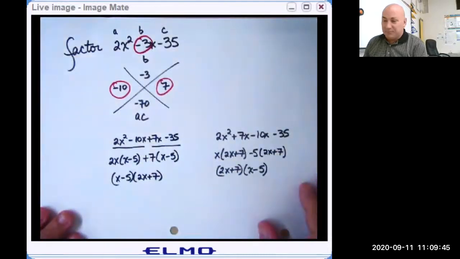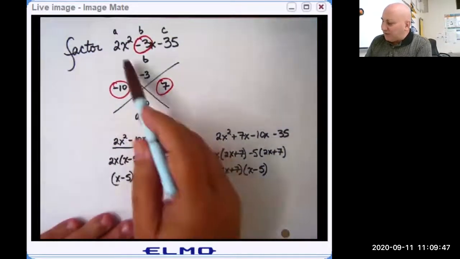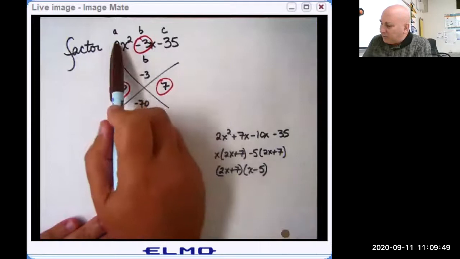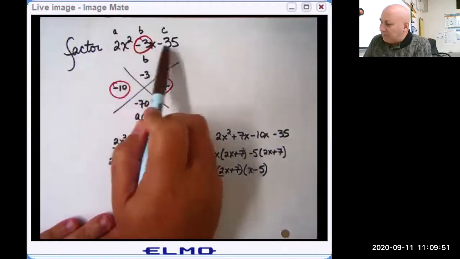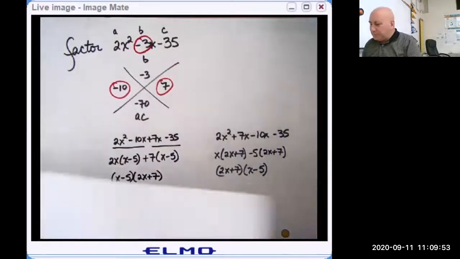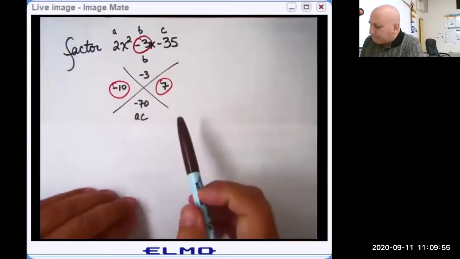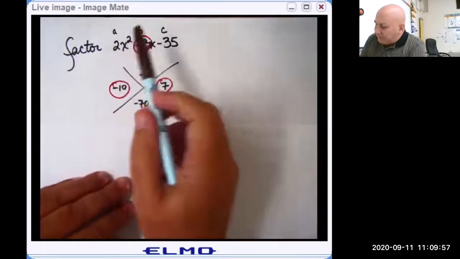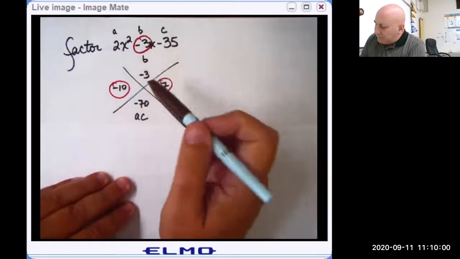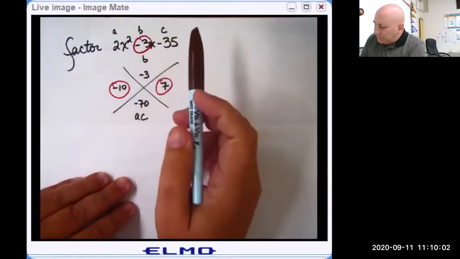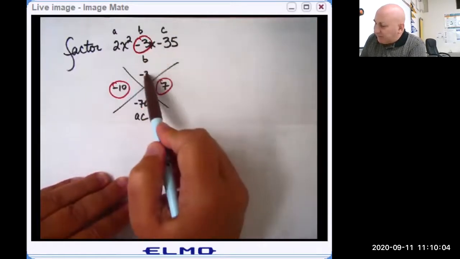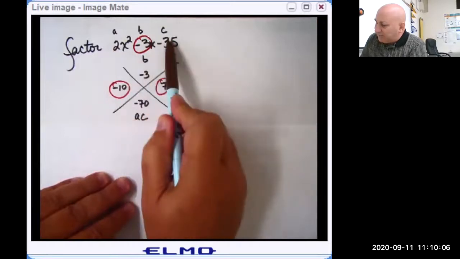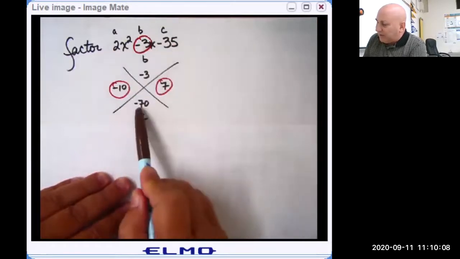Alrighty, so how do we factor polynomials? Because it helps to do that if we're finding the x-intercepts or the zeros of a function. I use this little x method. There's A, B, and C. The B is -3, and I take A times C, so 2 times -35 is -70.